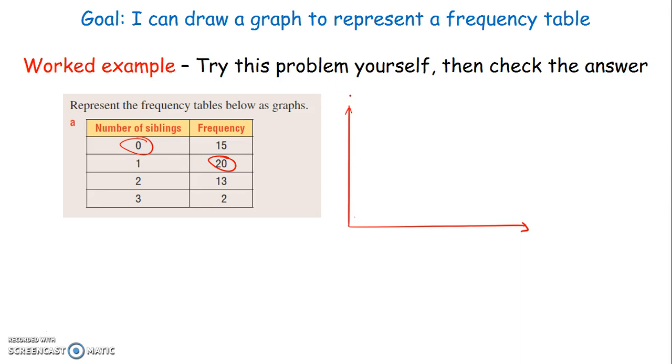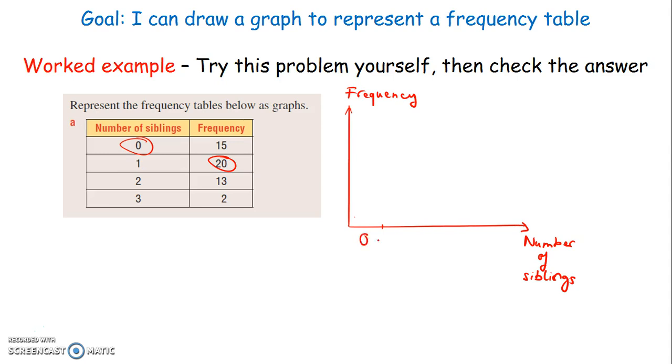The vertical axis, remember, is for frequency, and the horizontal axis in this case is the number of siblings. Let's start with 0.